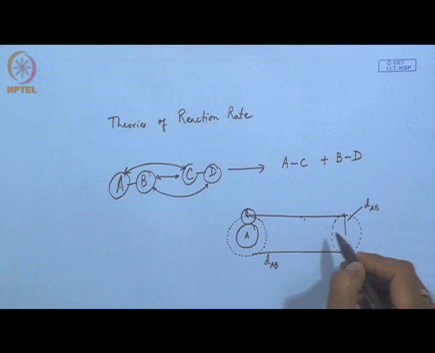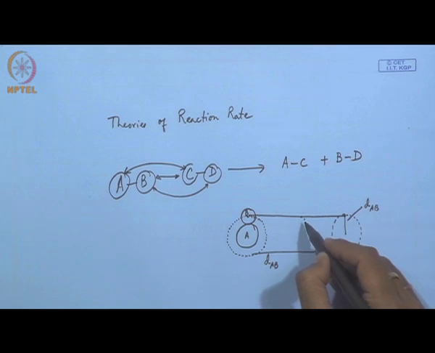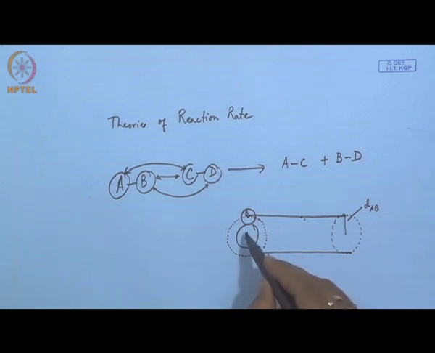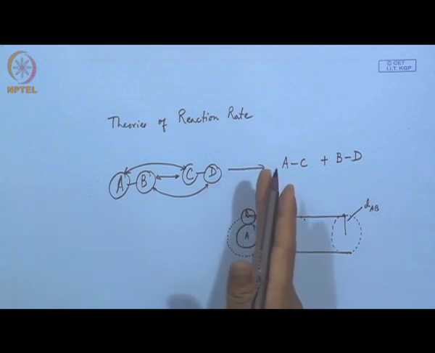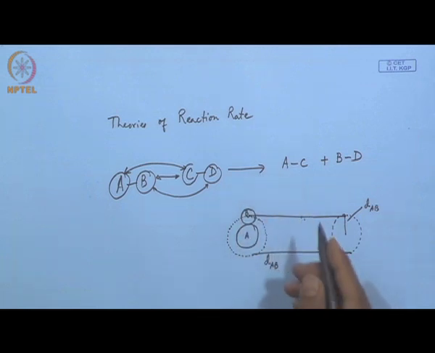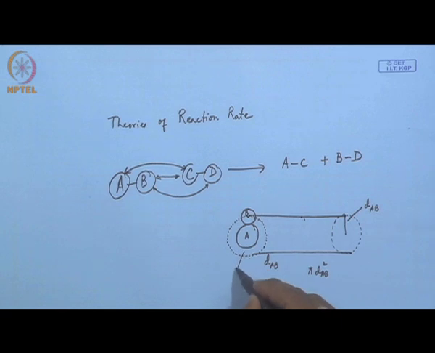All the molecules of B with their center within this cylinder will collide with the molecule of A. With time, as the A molecule moves, it sweeps an area equal to pi DAB squared. So this area is pi DAB squared.